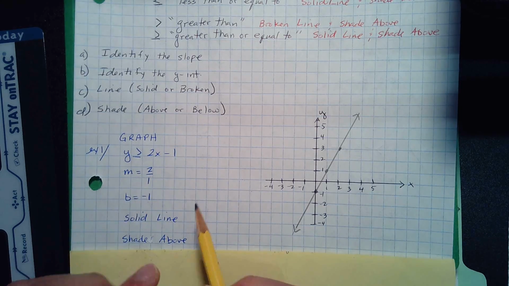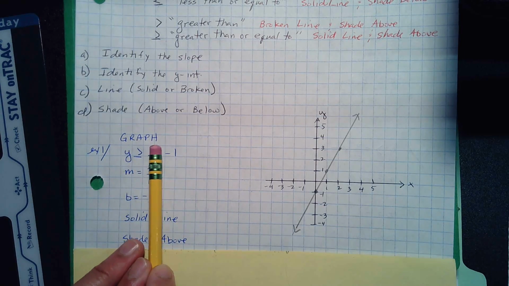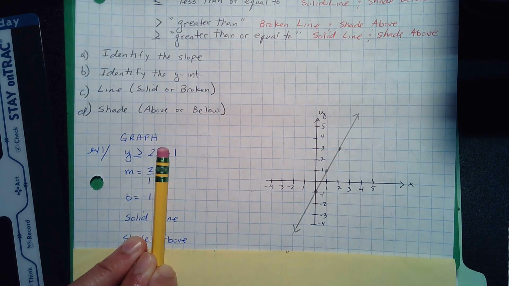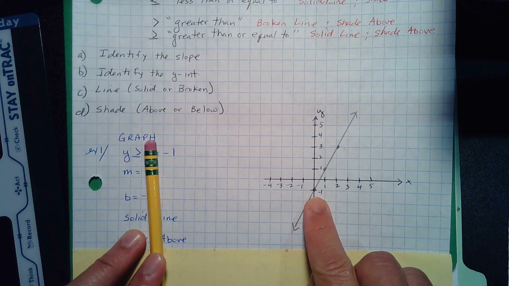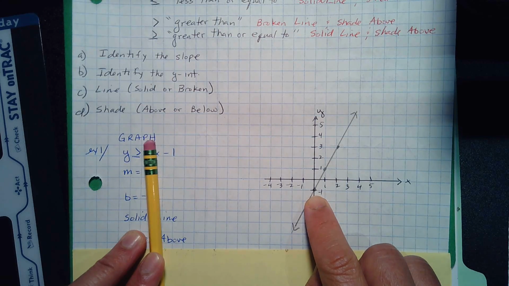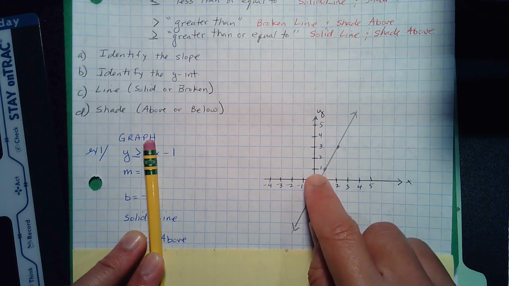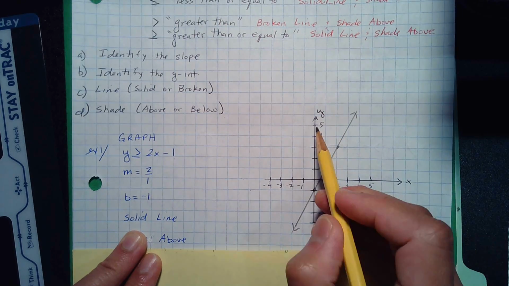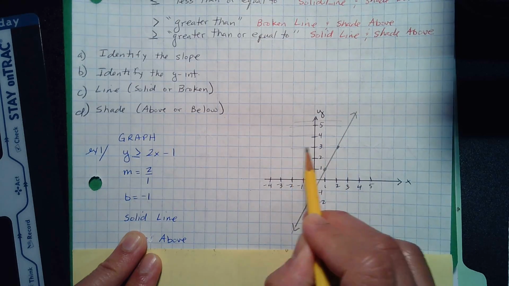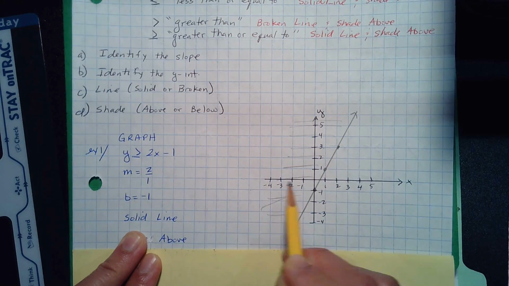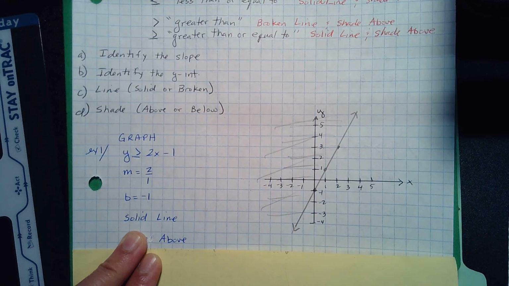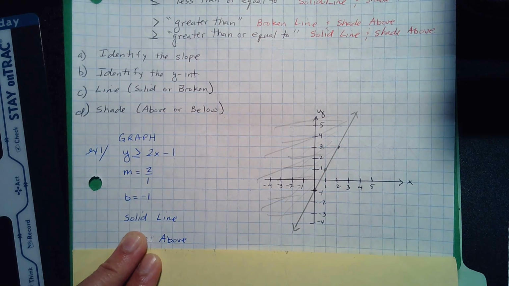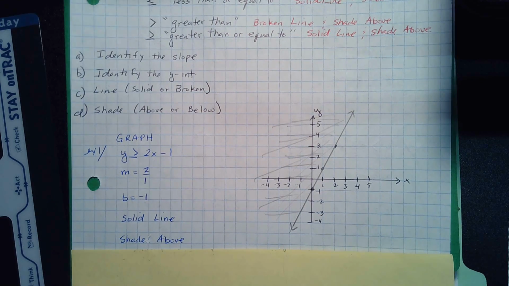If you cover up the slope, that reads y is greater than or equal to negative 1. Well, here's negative 1. The numbers greater than negative 1 are 0, 1, 2, 3. It's everything above negative 1, so the shading is going to happen above. So that is example 1.